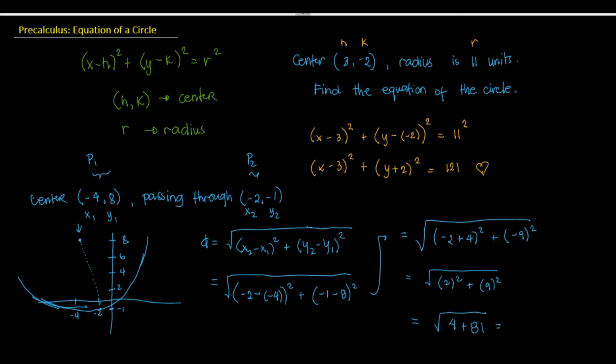What is 4 plus 81? This is going to be 85, right? So your radius, or the distance between these 2 points, (-4, 8) and (-2, -1), is the square root of 85.